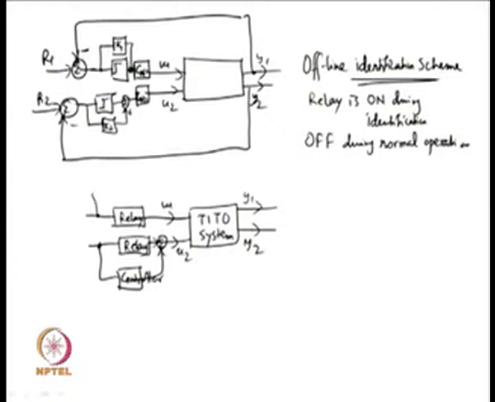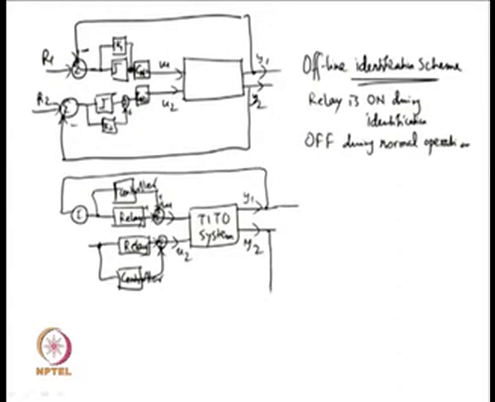So, we will have controllers in parallel with the relay, and then put the relay in closed loop in this form. Similarly, for the second loop, we will have the negative feedback in this form.